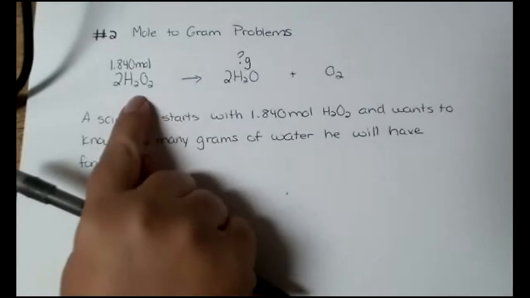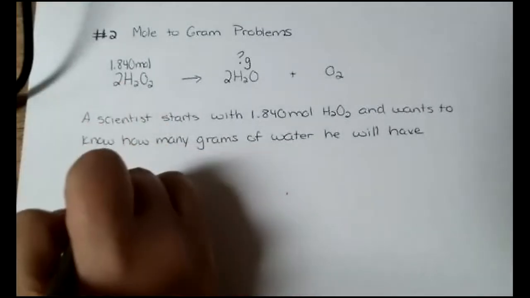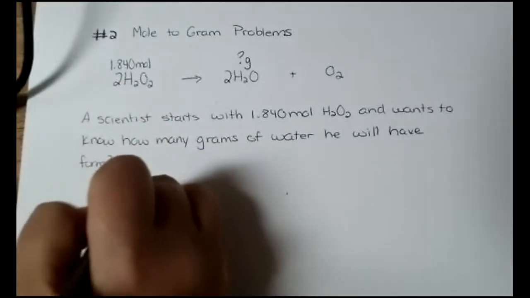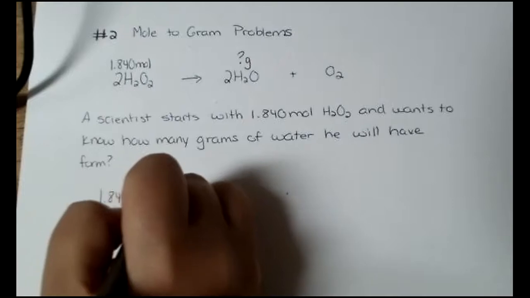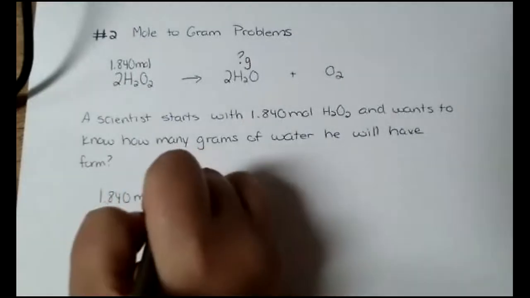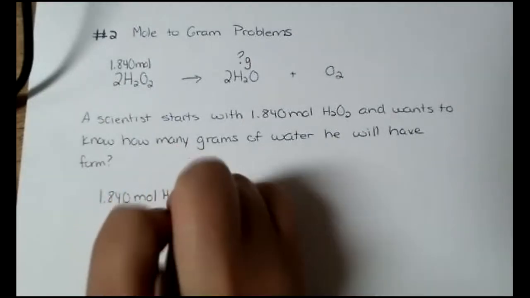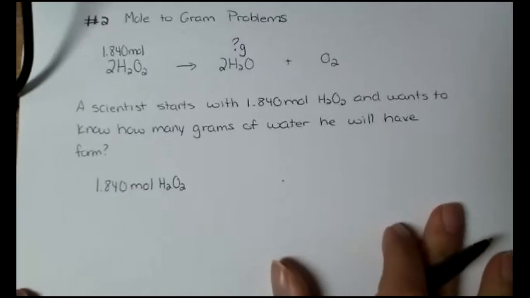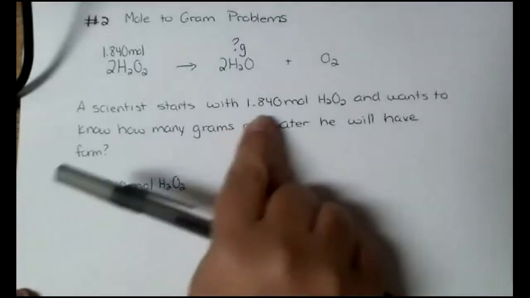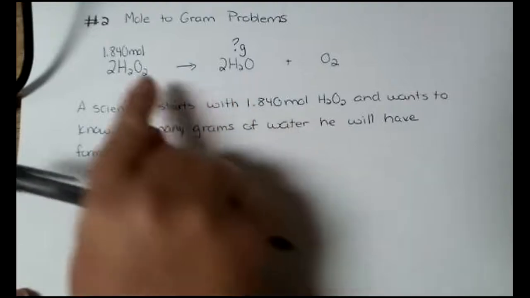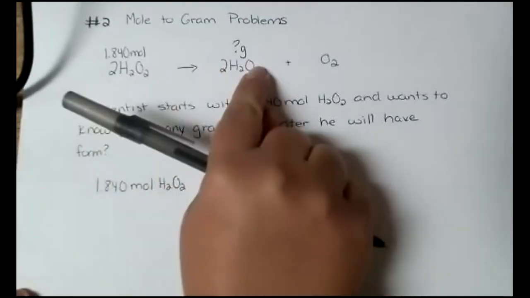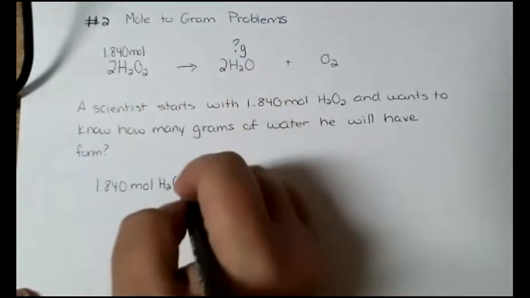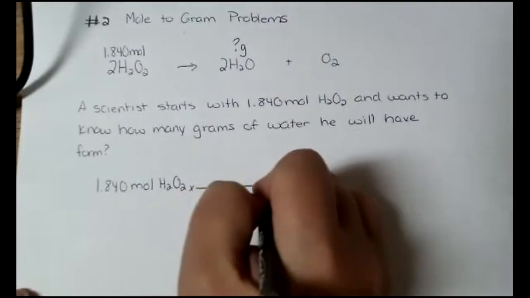So right here, I'm going to start with my given, 1.840 moles of hydrogen peroxide. And then I'm trying to get to water. So to get from hydrogen peroxide to water, I need to use my mole to mole ratio.